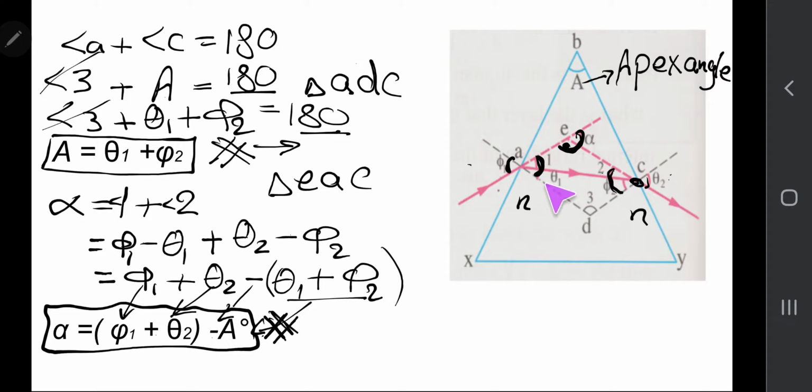So each theta is affected by n and its angle of incidence. Theta 1 is affected by phi 1, and theta 2 by phi 2. The second angle of incidence phi 2 is affected by theta 1 and the apex angle, from this law.